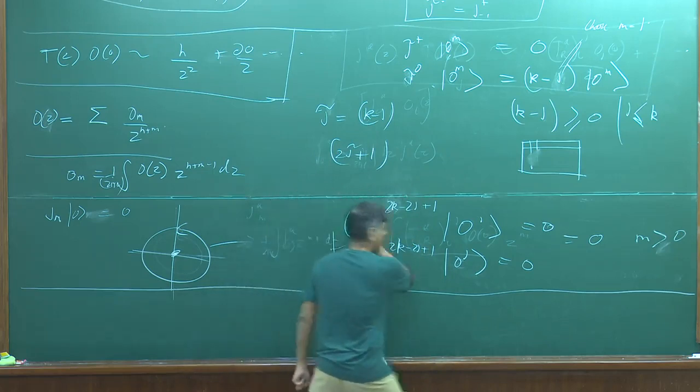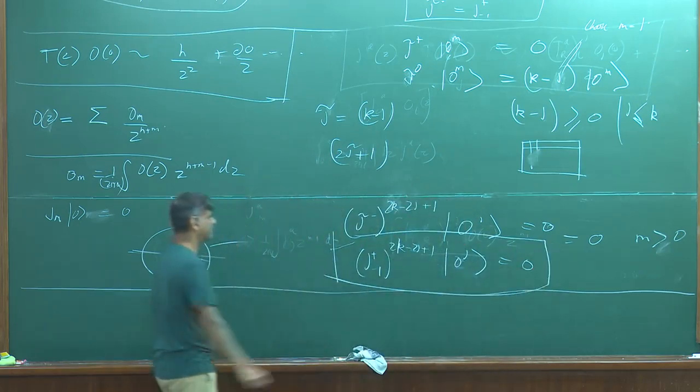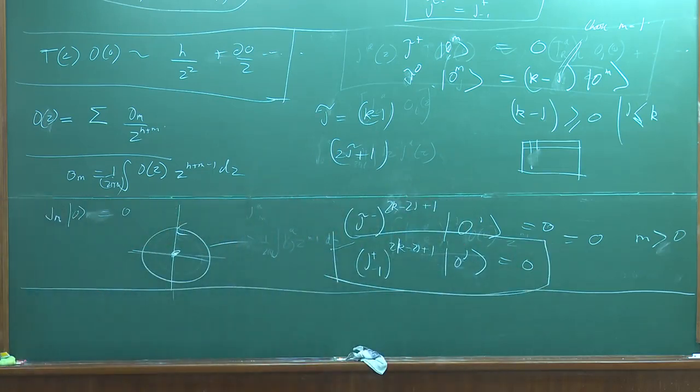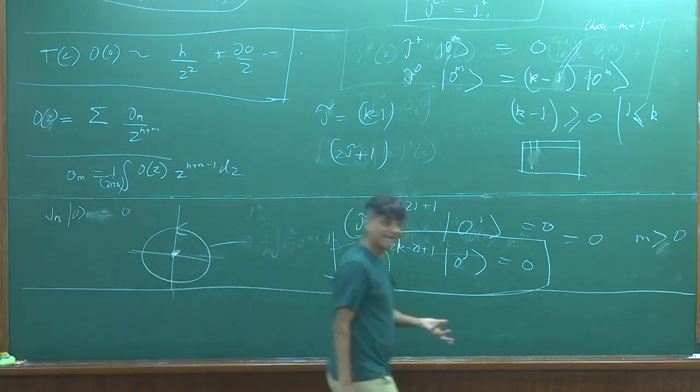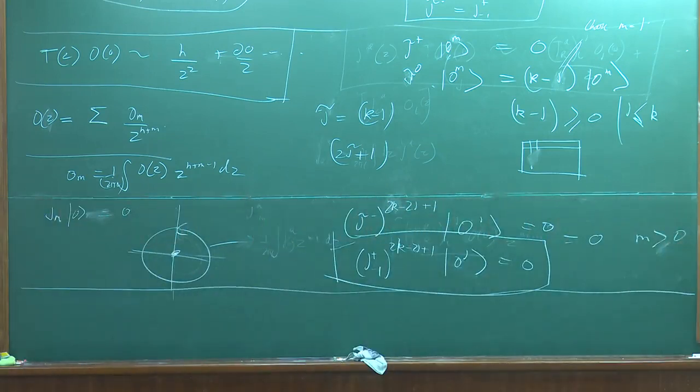Okay? And so we come to this conclusion that every current algebra representation has null states. These are null states that would not have been obvious from counting dimensions, but are true. Is this clear?